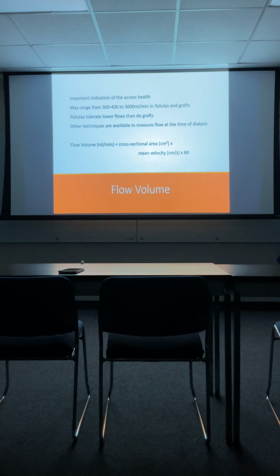So graft flow volume, excuse me, is an indication of how well the graft is functioning, from 300 to 400 mils per minute, all the way up to 3,000 mils per minute, which sounds pretty high.